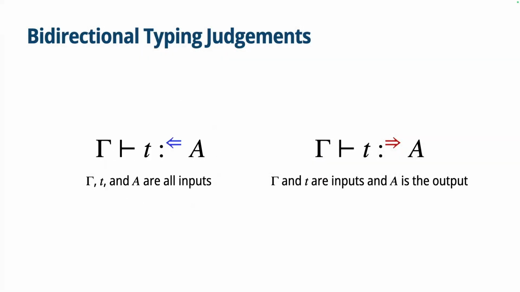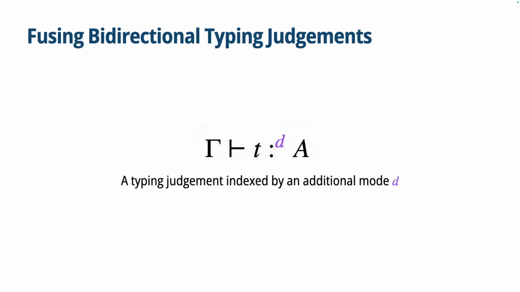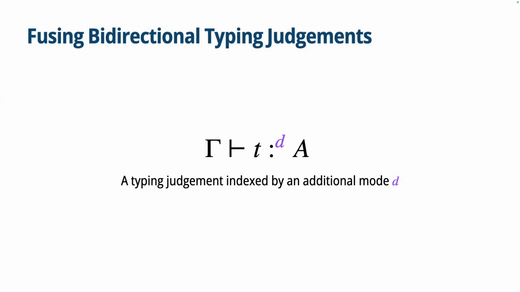But essentially, I think it's better to think of these two judgments as one judgment, with an additional index to say what the mode of the judgment is. I will come back to this later, because when we describe what a bidirectional system is, this will be helpful. But for now, we can just say, instead of two judgments, it's really just one judgment with an additional index.